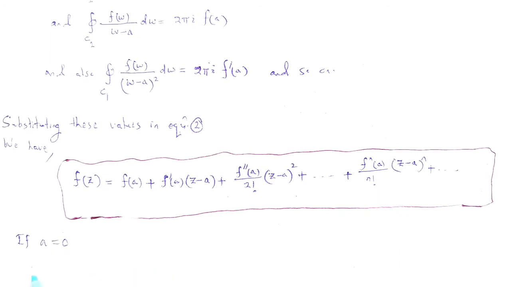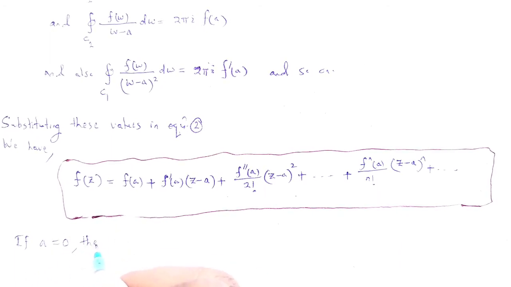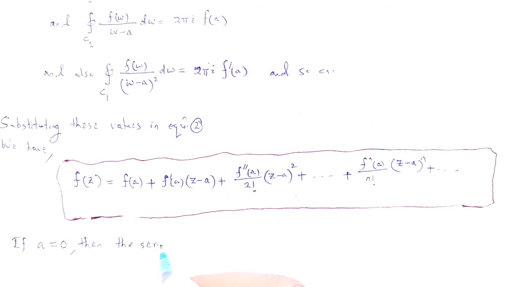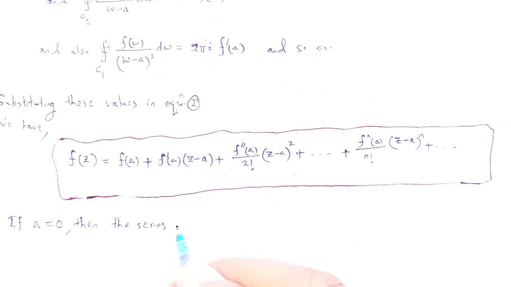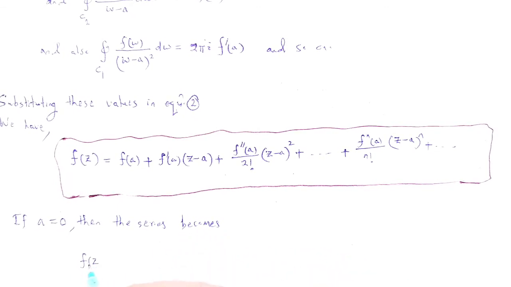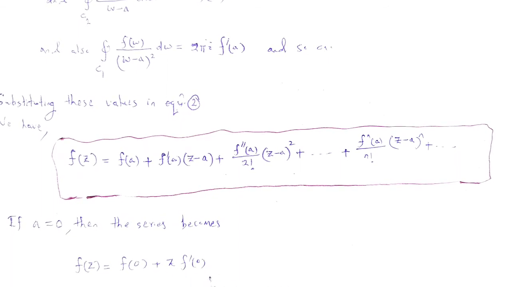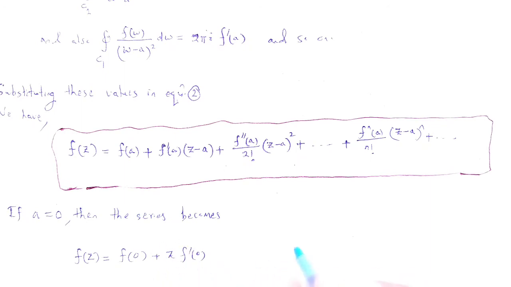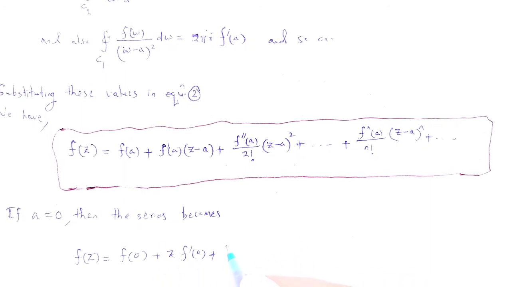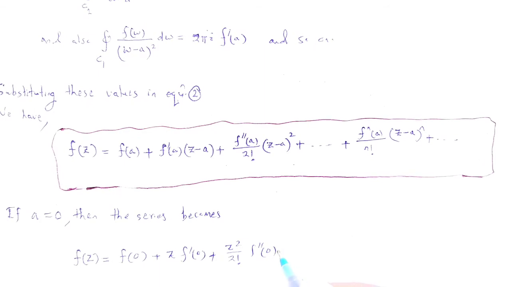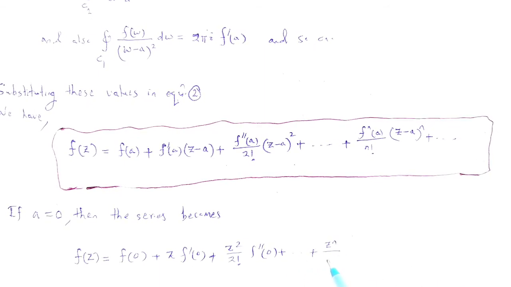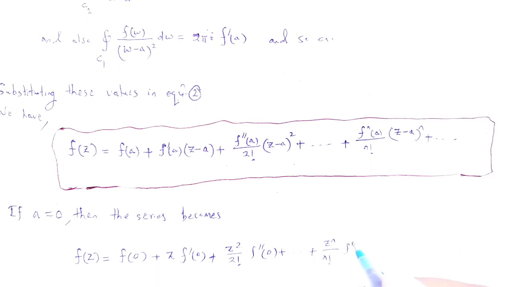If a is equal to 0, then the series becomes f(z) is equal to f(0) plus z f'(0), means we evaluate that series at origin, plus z²/2! f''(0) plus ... z^n/n! f^(n)(0).